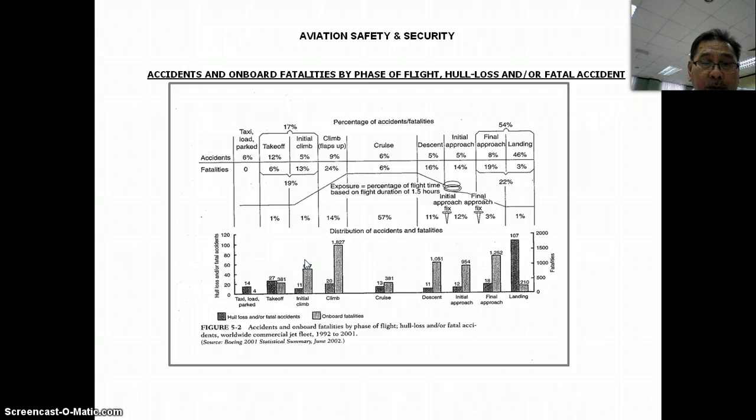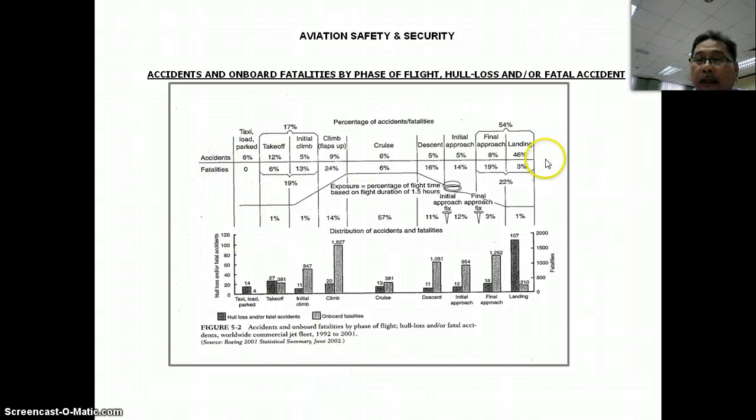This will give you a good overview based on the percentages. Looking at this chart, you can see the accidents and onboard fatalities by phase of flight, the source of which is the Boeing Statistical Summary, June 2002.